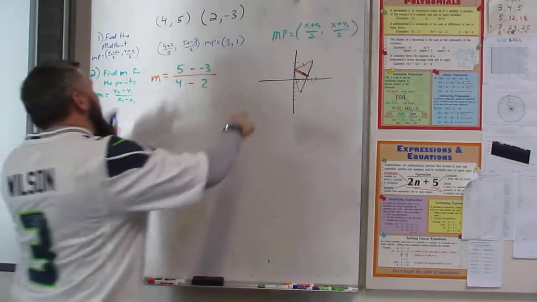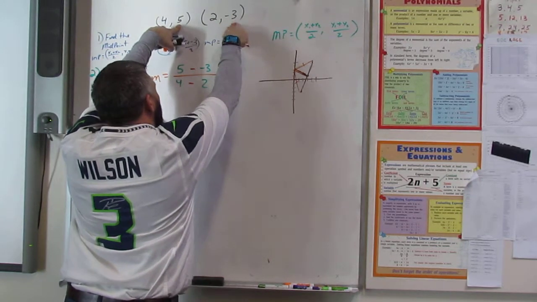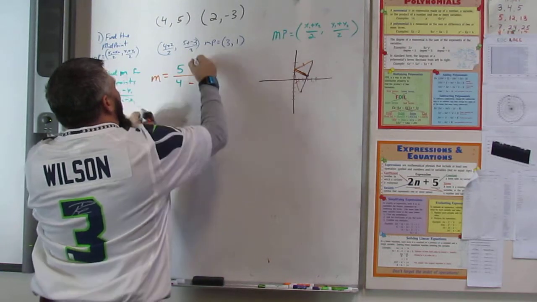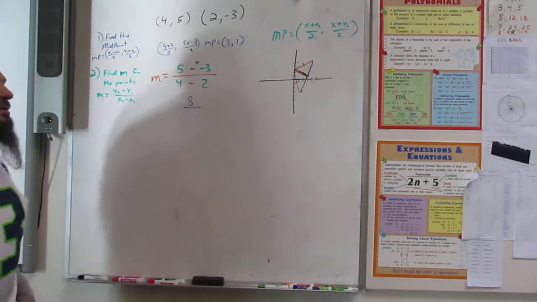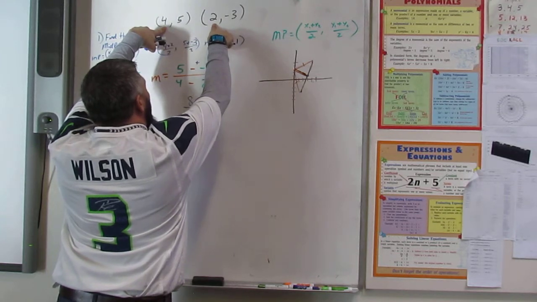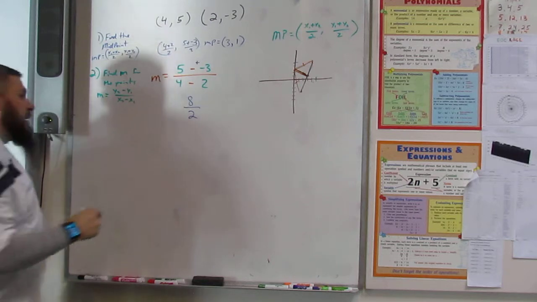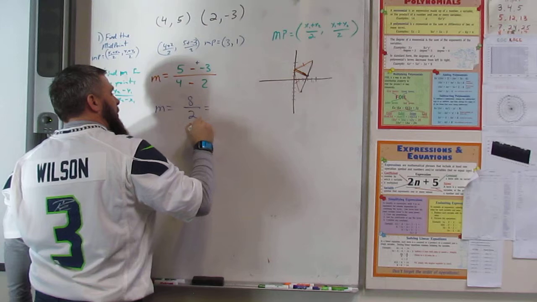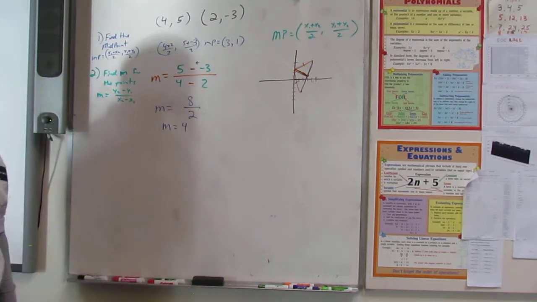Okay? So I'm finding the difference of these guys. So 5 minus minus 3 is really 5 plus 3, or 8, divided by the difference of these guys, which is 4 minus 2, so 2, right? Okay, so m is equal to 4. Okay?